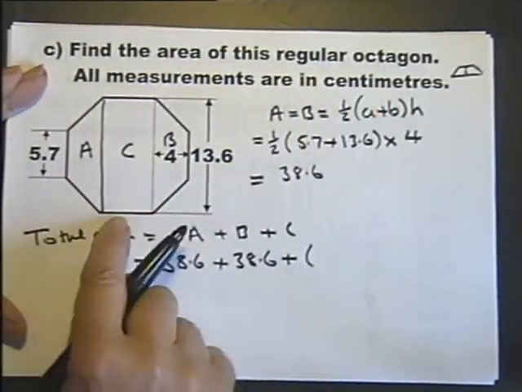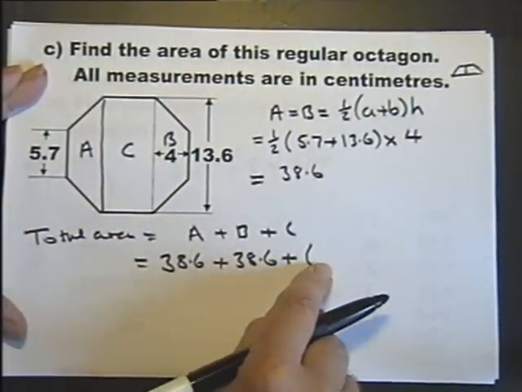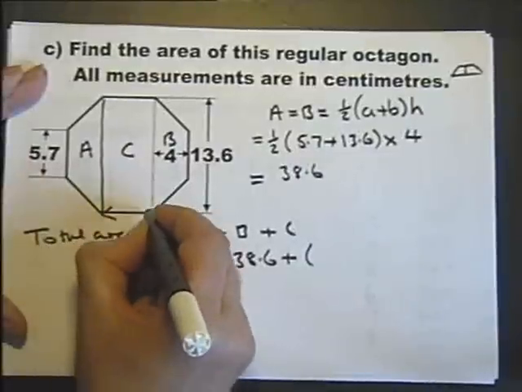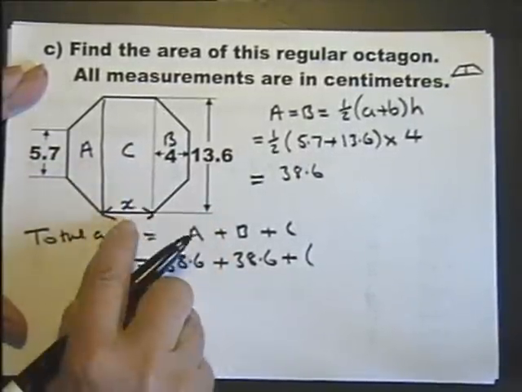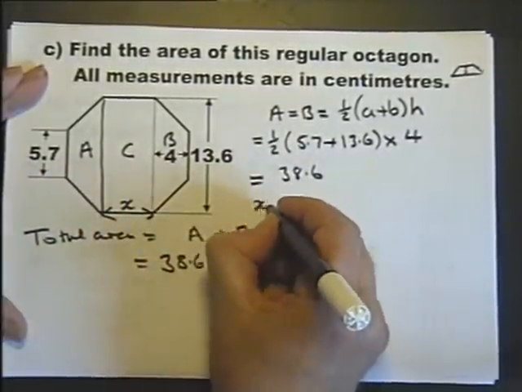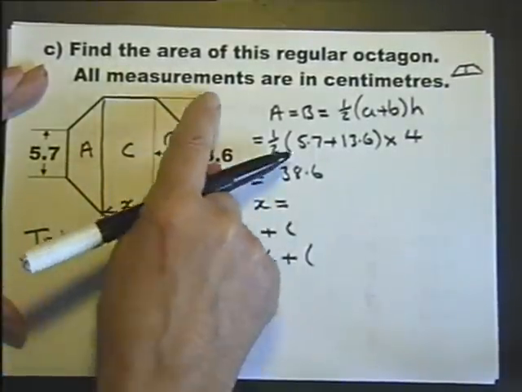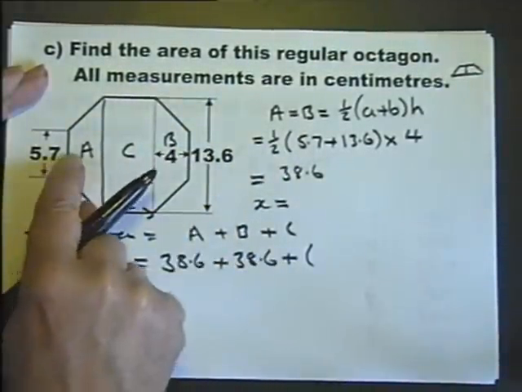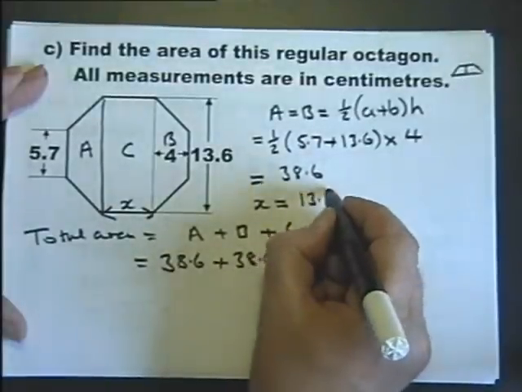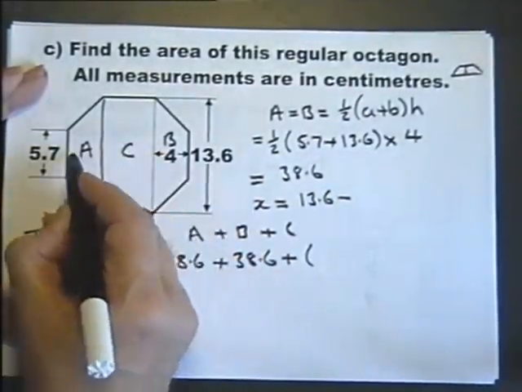I'd think, oh dear, I need to know that before I get there. So I'm going to call that X, again writing on the exam paper so the examiner can see what I'm thinking. X equals, if that's 13.6, then the whole of that is 13.6, minus that 4 and that 4.